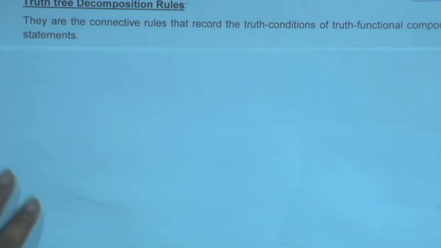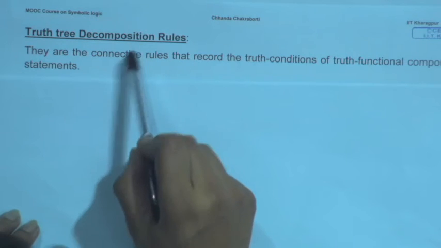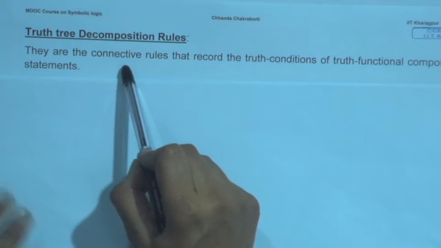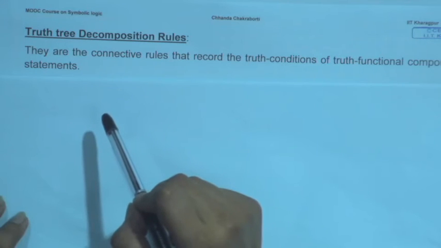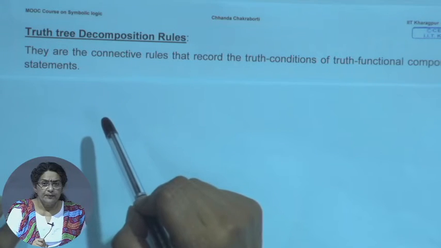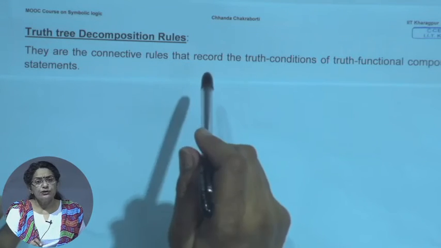First, I think it is time to at least introduce you to some of the decomposition rules, and with this we will end this module. So, remember what these truth tree decomposition rules are. What they do is take the connective and record the truth conditions of that connective. Remember, in the tree whatever you are listing is assumed to be true.